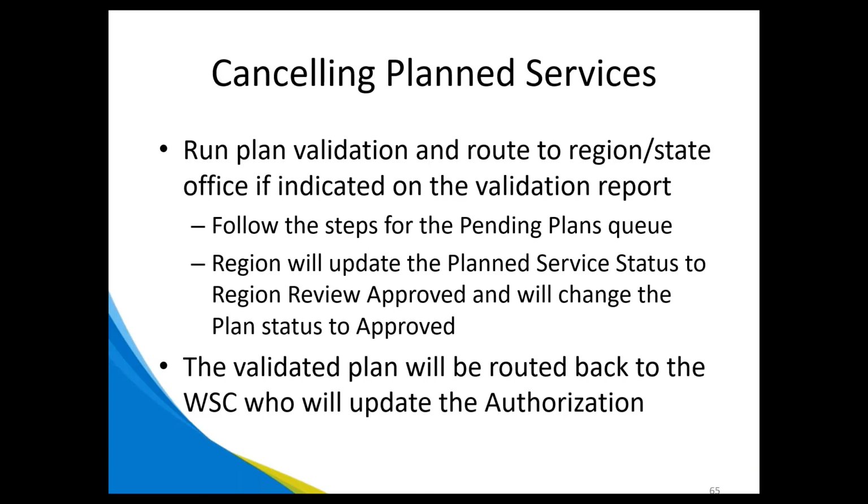If it's state office, you don't change the worker, and you add state office versus the region in the drop-down list. The region or state office will conduct their review, and then once the plan is approved and validated, it'll be routed back to you to update the authorization, you as the waiver support coordinator.